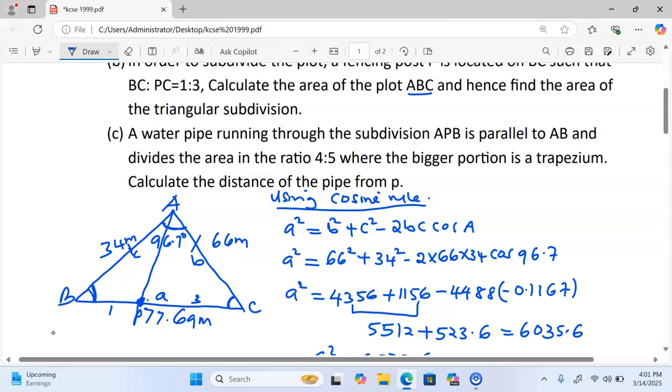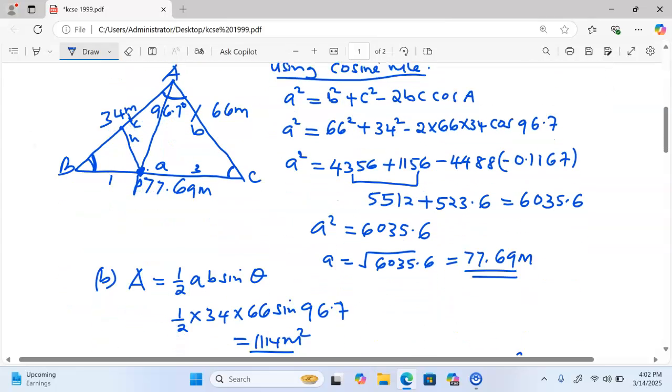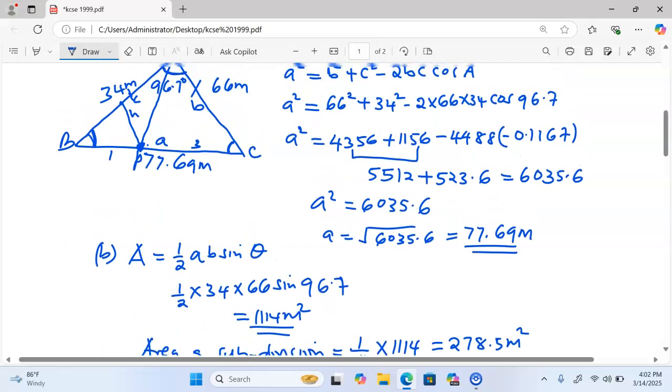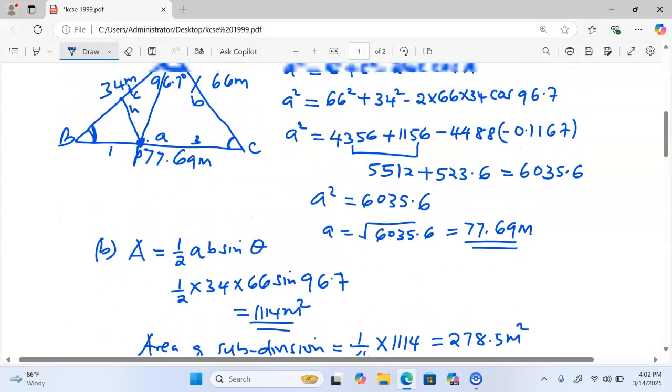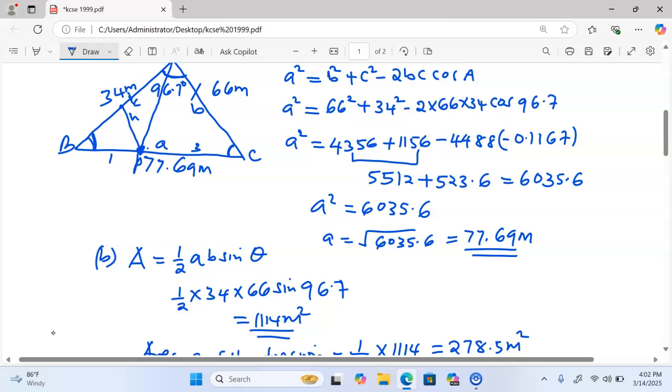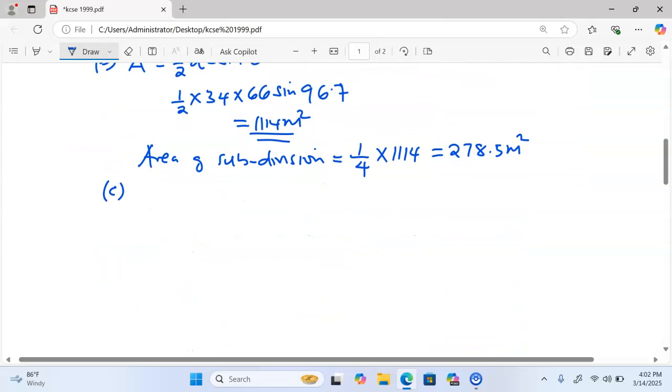Calculate the distance of the pipe from P. The first thing we are going to do is to find the distance from BA towards P, and this one is going to be our height. Using the area that we have found, we can get the height of point P from AB.